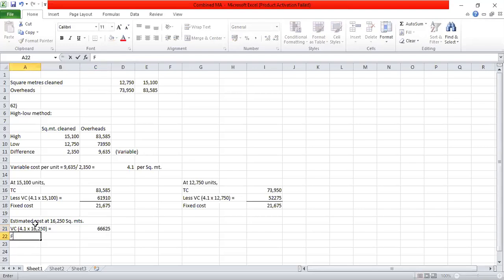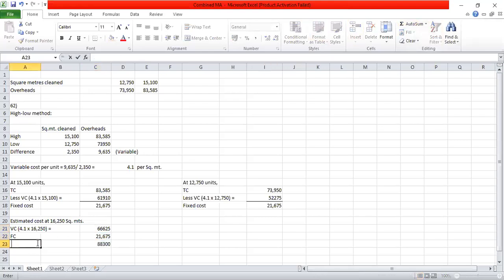Then we know the total fixed cost. Fixed cost is 21,675. Add them up, and we get the total cost.